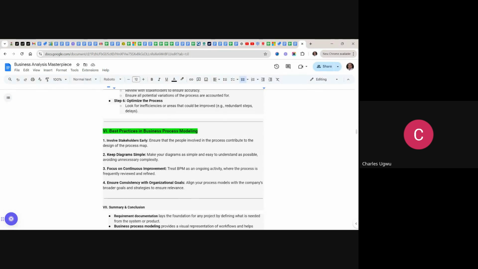Keep diagrams simple. Make sure your diagrams are as simple and easy to understand as possible, avoiding unnecessary complexity. The simpler the diagram, the better. I've seen so many process map diagrams.